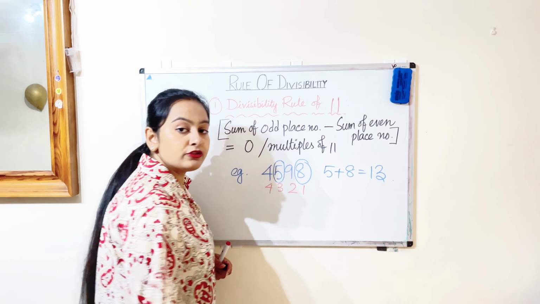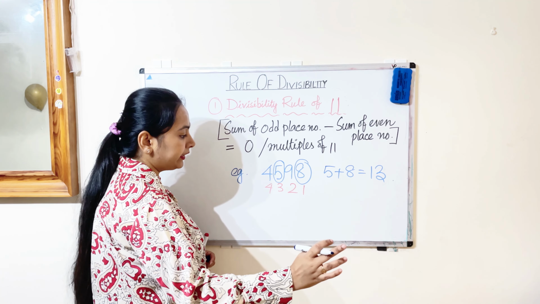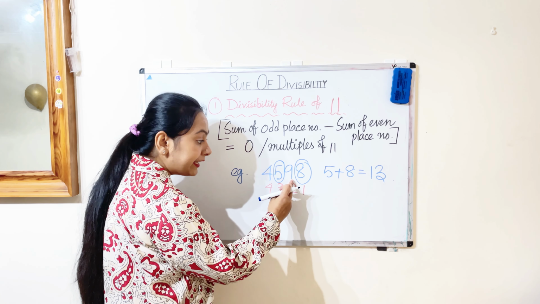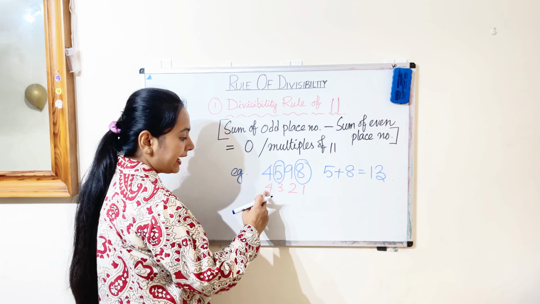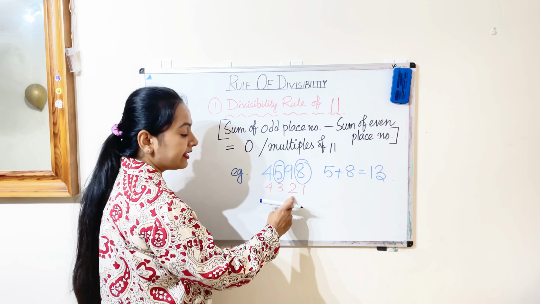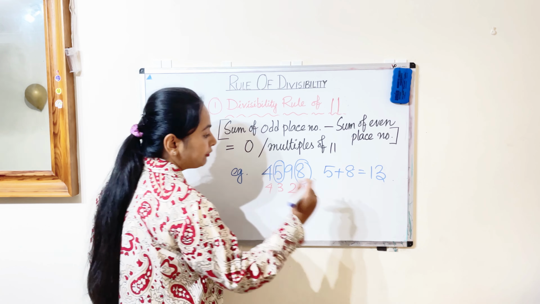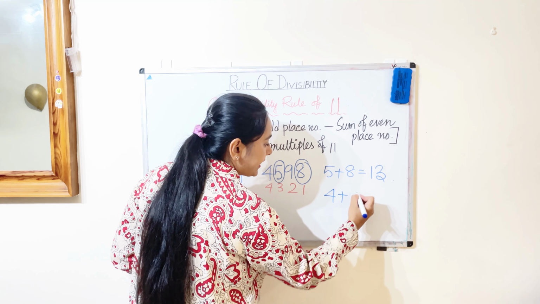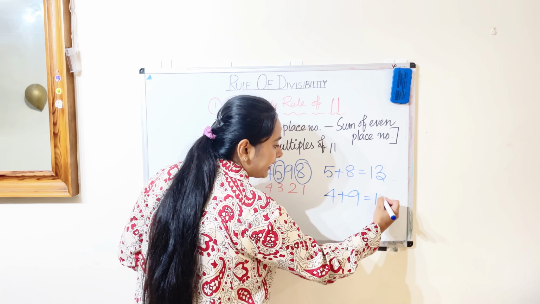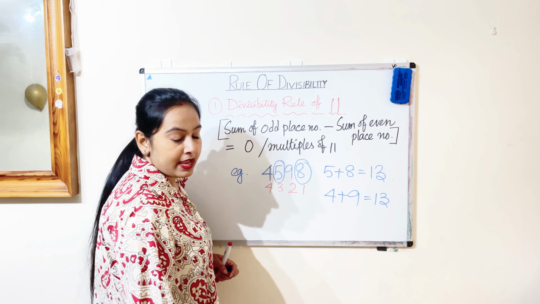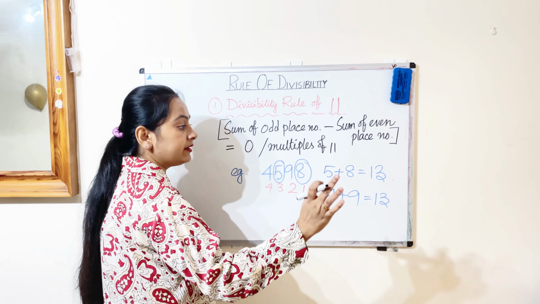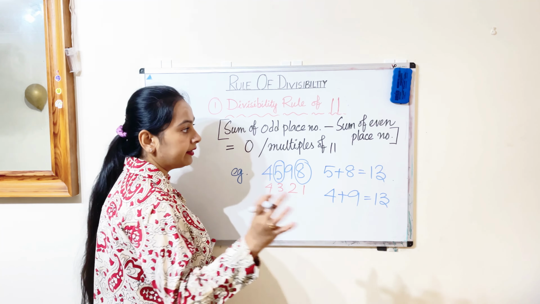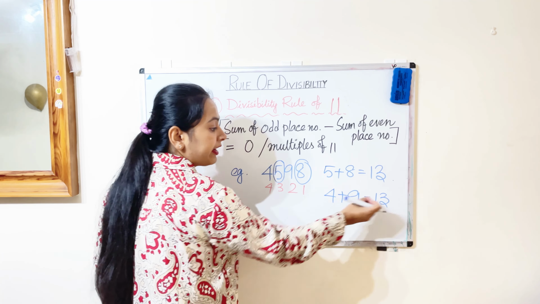Next, we take the even place digits, right? 4 is at the fourth position and 9 is at the second position. So we add these two digits, 9 plus 4, and we get 13. So the sum of odd place digits we have already calculated, and the sum of even place digits we have also calculated.